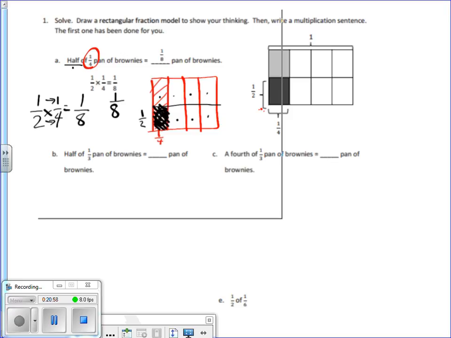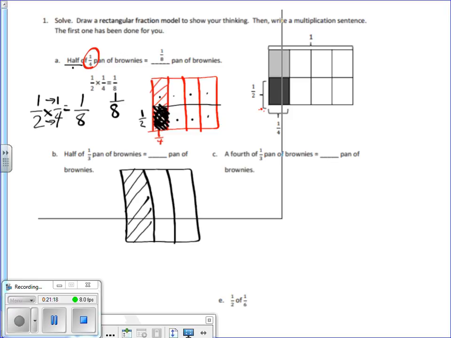So 1/2 of 1/3 pan of brownies. If I were doing a rectangular model, I would divide it into thirds, 3 sections. How many sections am I going to color in? 1. And then I'm going to label that as 1/3.